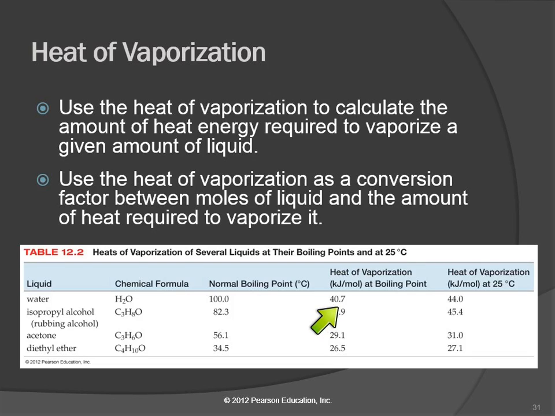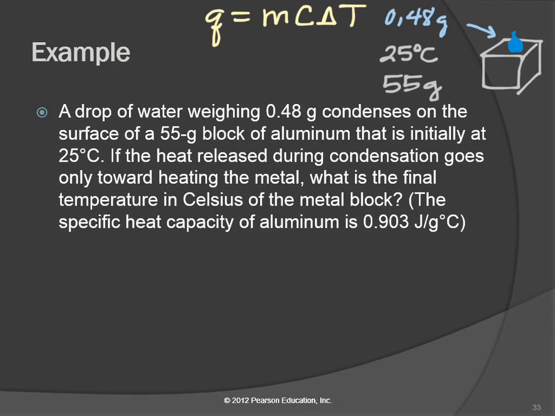The heat of vaporization for water is 40.7 at 100, but at 25 it's 44 kilojoules per mole. So delta H for the water is 44 kilojoules per mole.